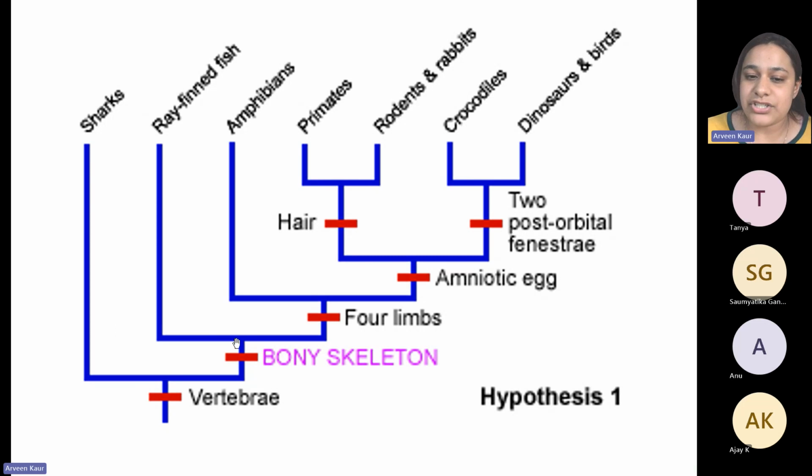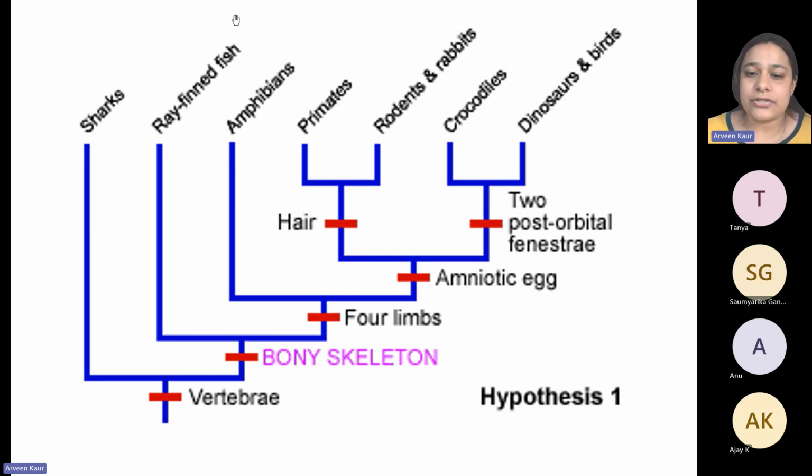Further, the branch of animals with bony skeletons got divided into one branch that just had the ray finned fish and another branch of animals that all had four limbs, right? So amphibians, primates, and other such animals all had four limbs.